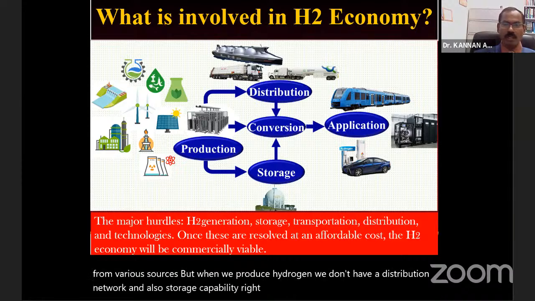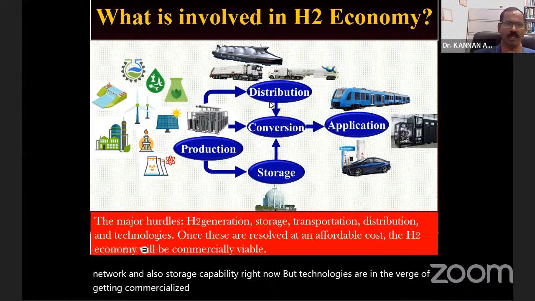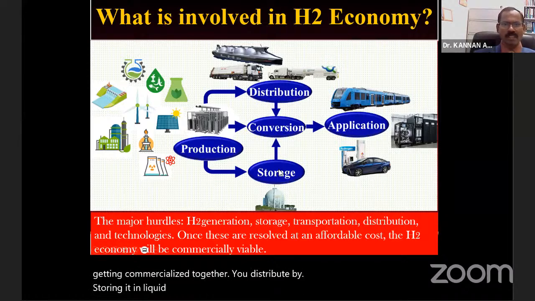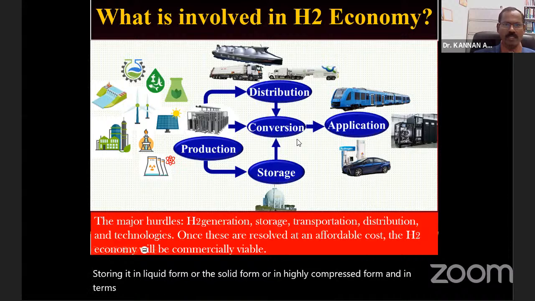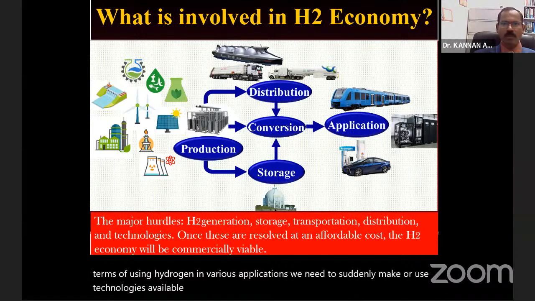But technologies are on the verge of getting commercialized, whether you distribute by storing it in liquid form or solid form or in highly compressed form. And in terms of using hydrogen in various applications, we need to make or use technologies available for converting it to produce electrical power.